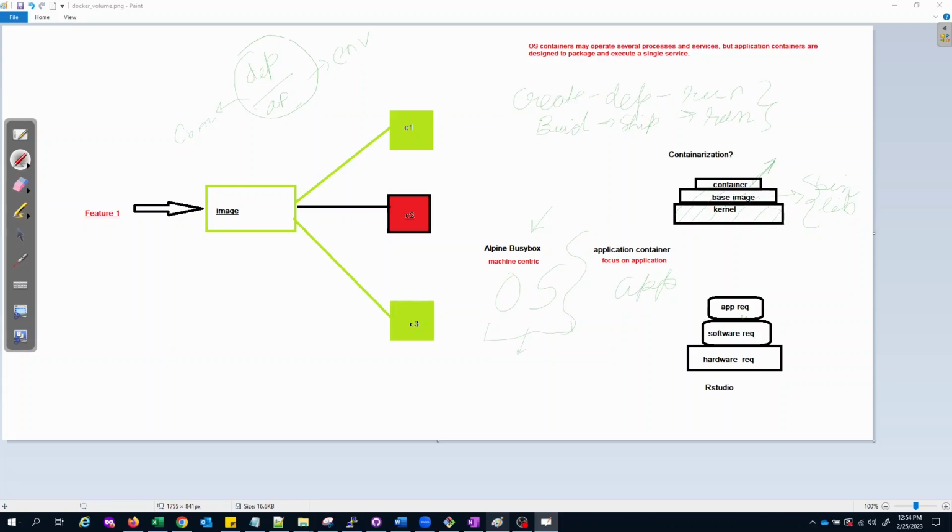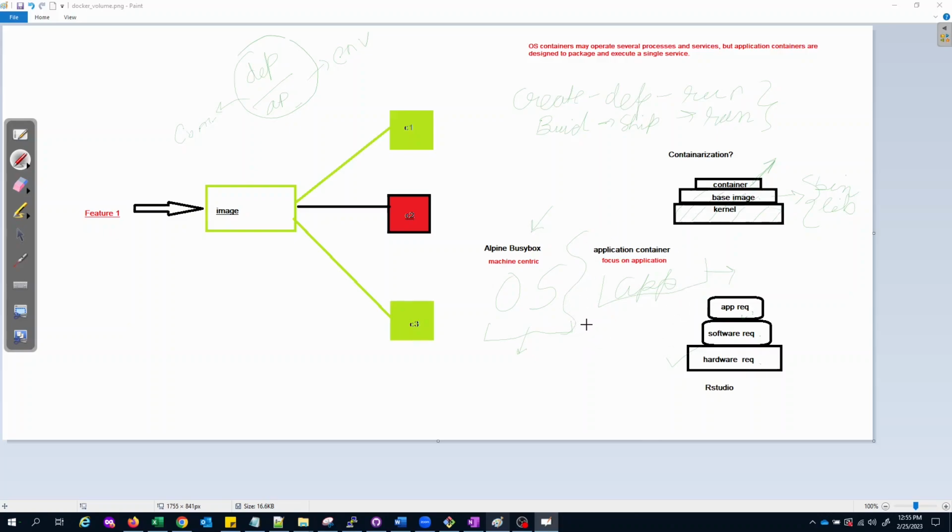An application container is a little bit more specific, as you see here, with different hardware requirements: RAM, CPU, memory, different software and applications. This is basically used when we want to create a service specific to our use. So that's when we deploy an application container.